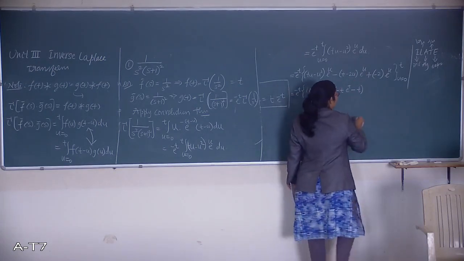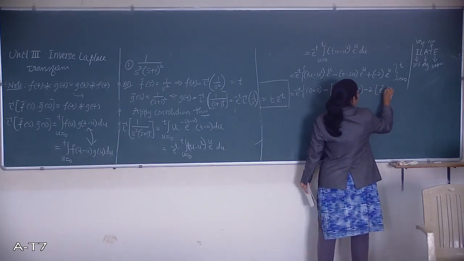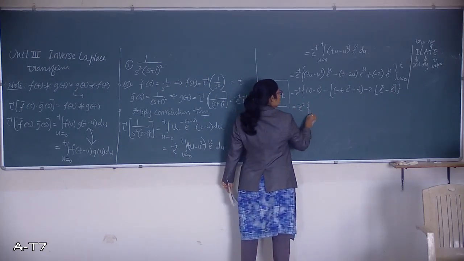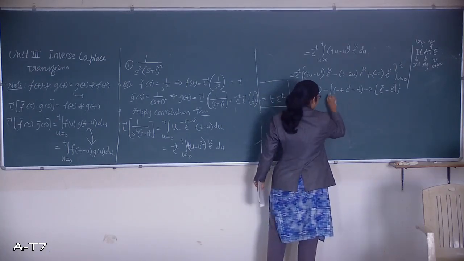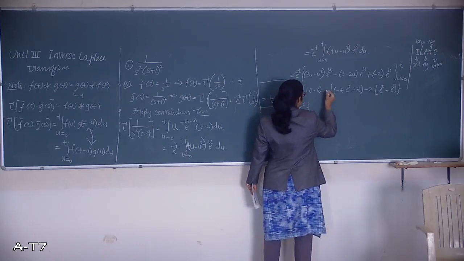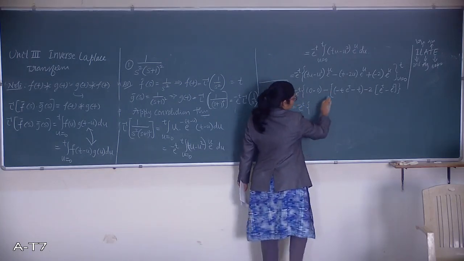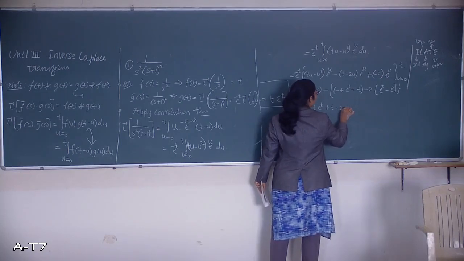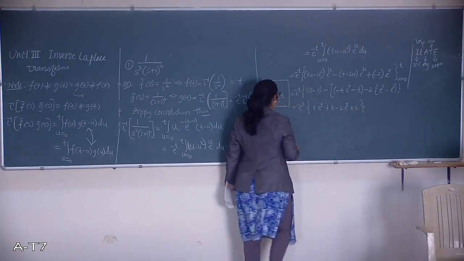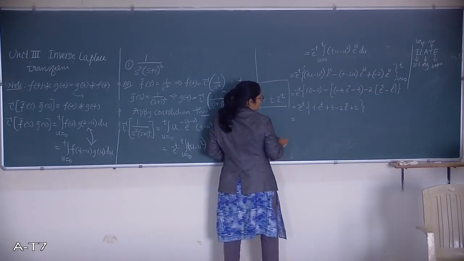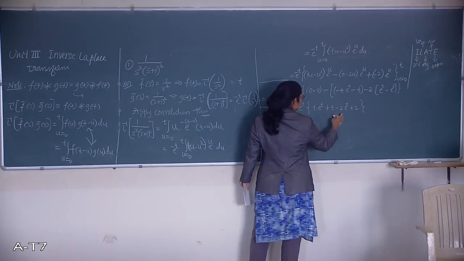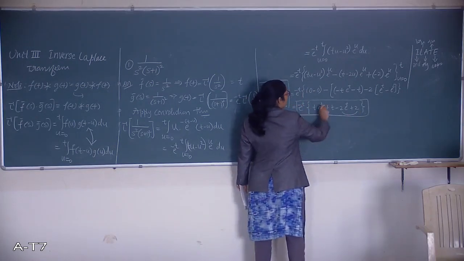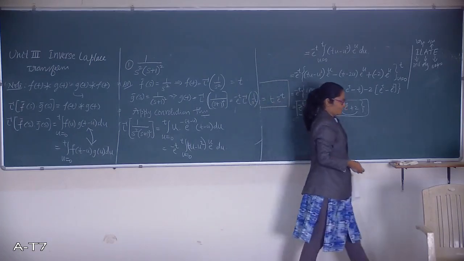Then the second term, and when u is equal to 0, e raised to 0 is 1, so that e power minus t makes it positive. Simplification is possible: the common term here, or out of these, t you can take common.